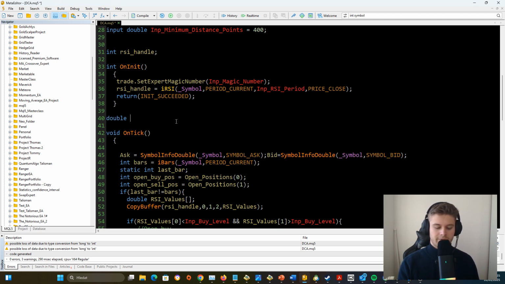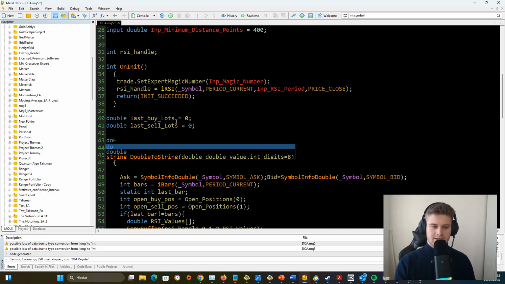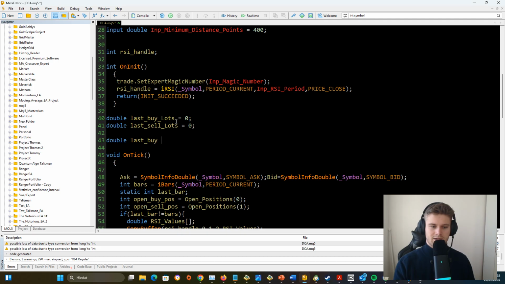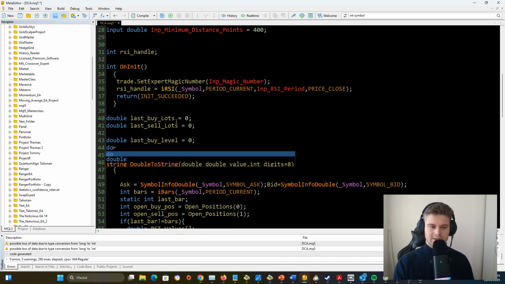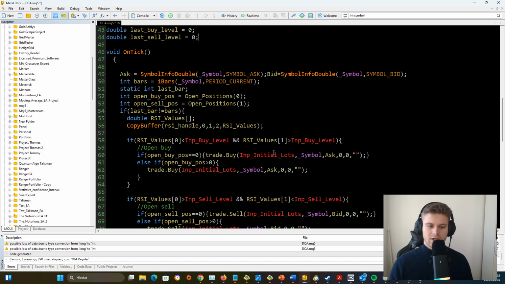The first variable will be last buy lots, which is equal to 0. Then last sell lots, which is equal to 0. And then last buy level, which is equal to 0, and last sell level, which is also equal to 0.